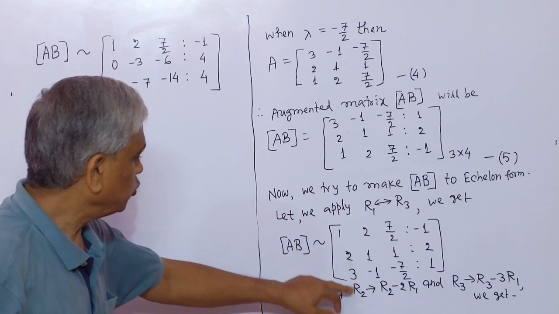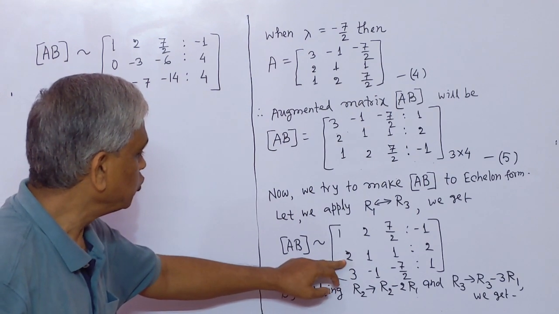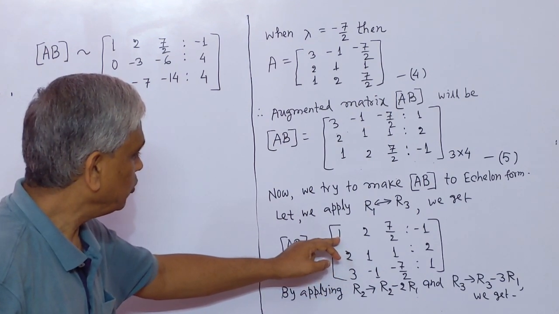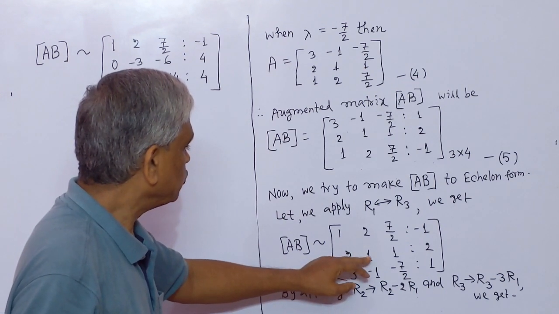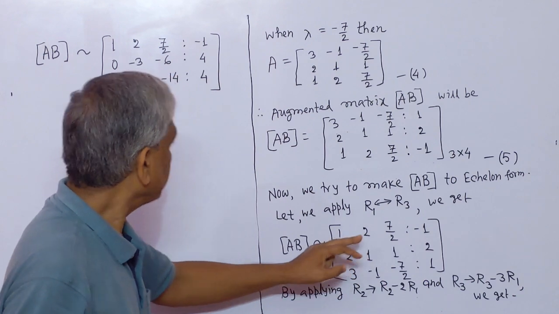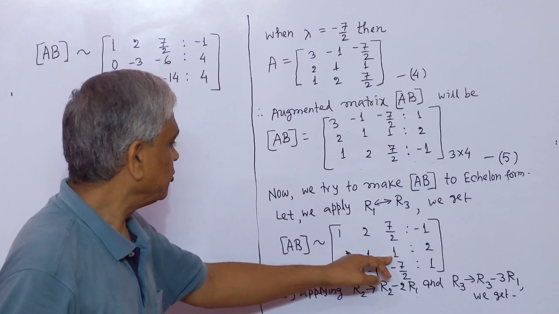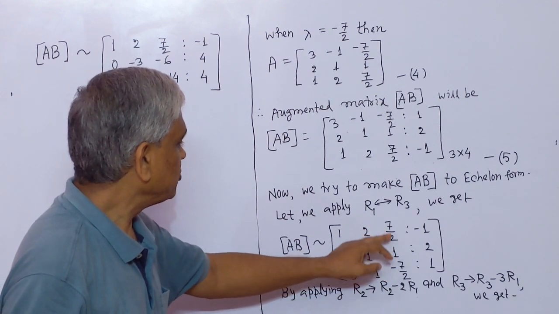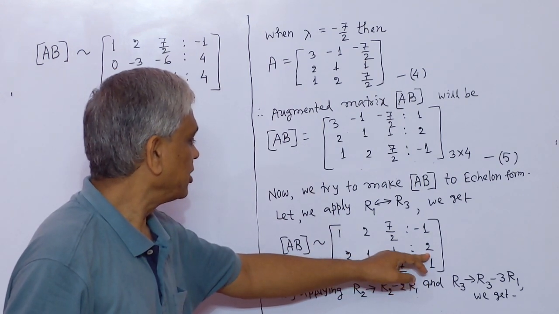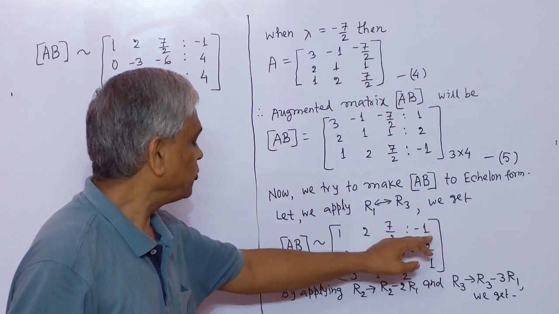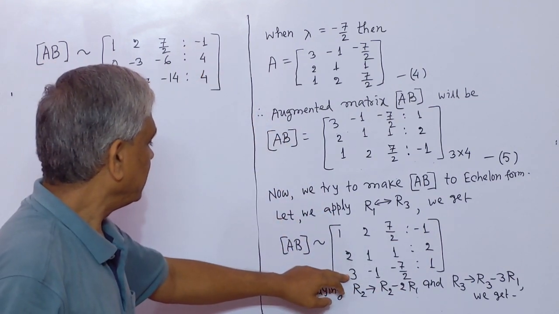We perform row 2 in place of row 2 minus 2 R1: 2 minus 2 multiply 1 means 0, 1 minus 2 multiply 2 means 1 minus 4, this is minus 3. Here 1 minus 2 multiply 7 means minus 6. Here 2 minus minus 1 multiply 2, that is 4. Here 4 in this place.